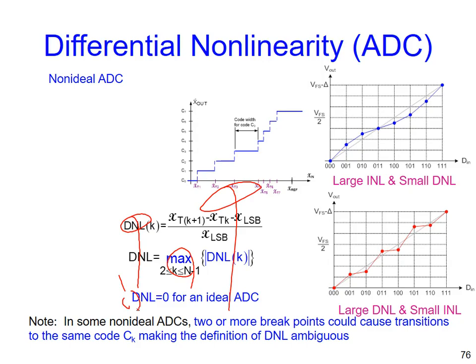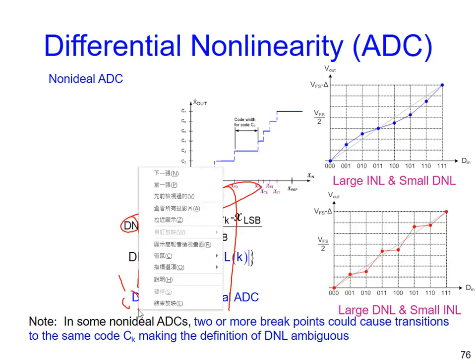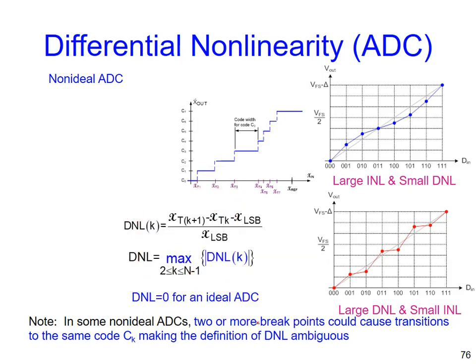No. So what is the truth behind such an idea? This is also a very important concept to help you debug your own brain. DNL and INL are not the same. The larger, no. The smaller, no.